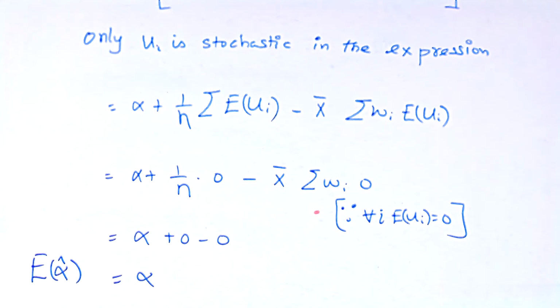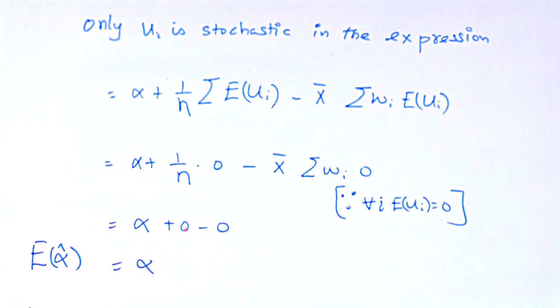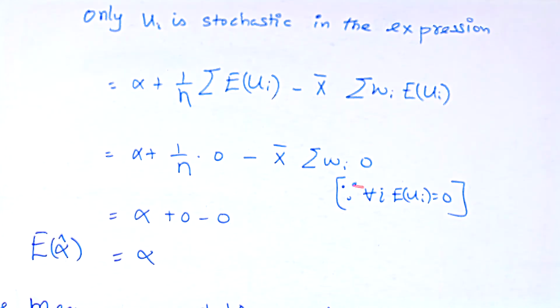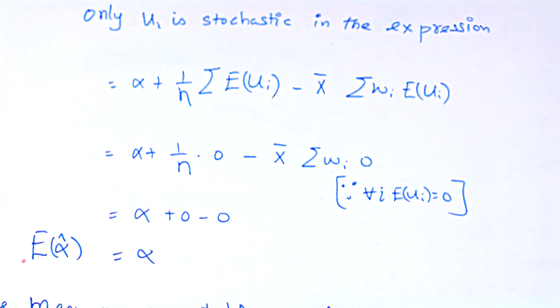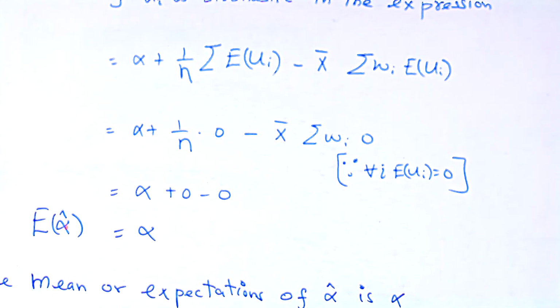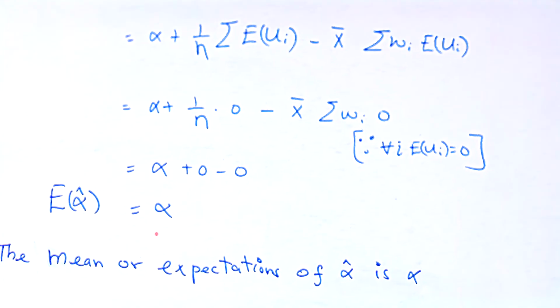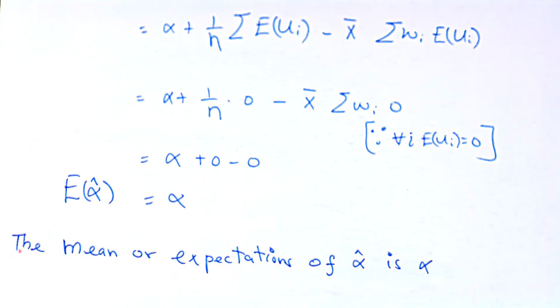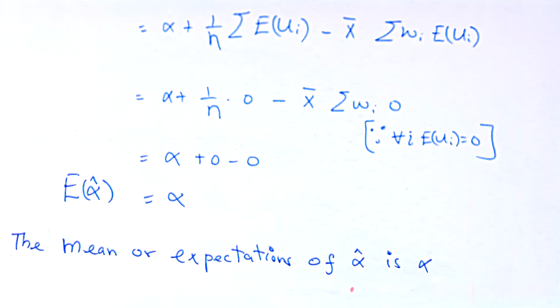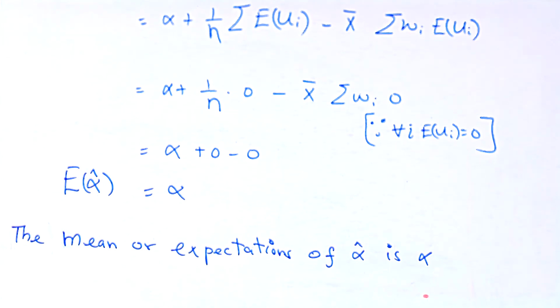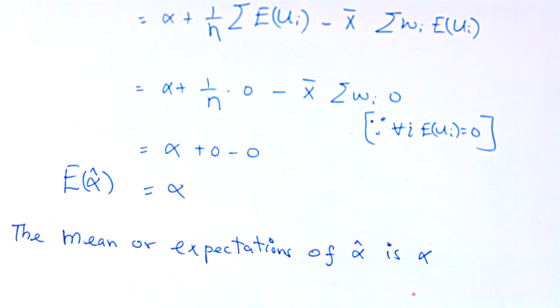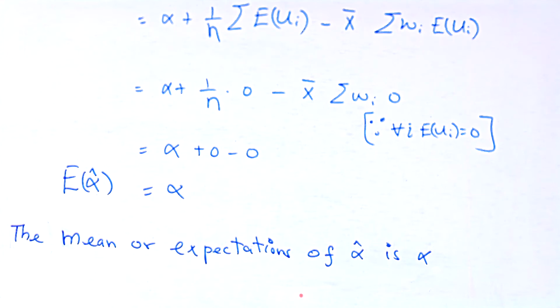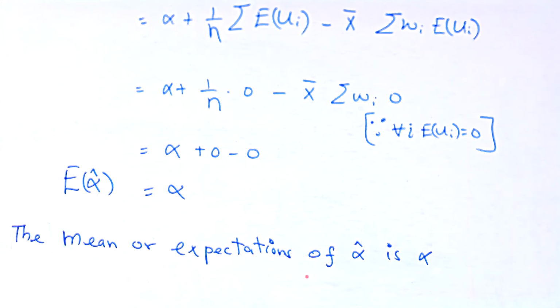So we get alpha plus 0 because these two terms are 0, and ultimately expectation of alpha hat is equal to alpha. So we can infer that the mean or expectation of alpha hat is alpha, very similar to the estimator of beta hat, where expectation of beta hat is equal to beta.